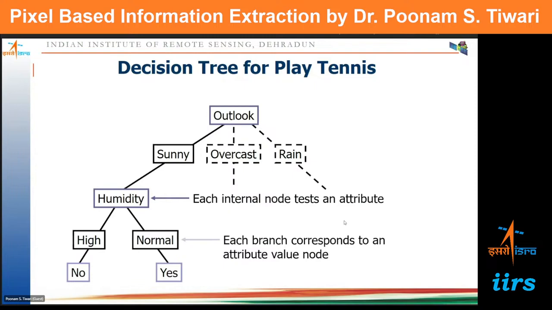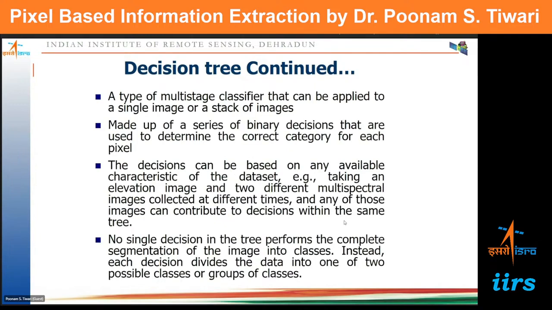So you can see that each internal node tests an attribute and each branch corresponds to an attribute value. Okay. And each leaf node assigns the classification. A decision tree is a type of multi-stage classifier that can be applied to a single image or a stack of images.